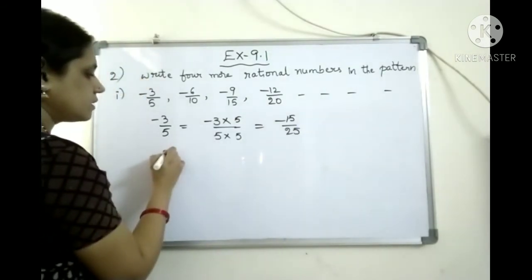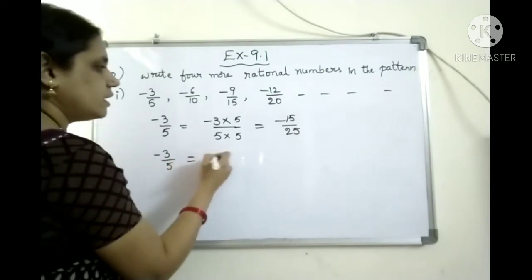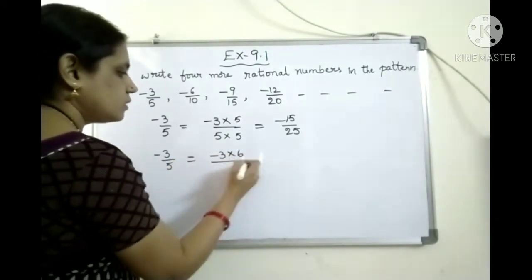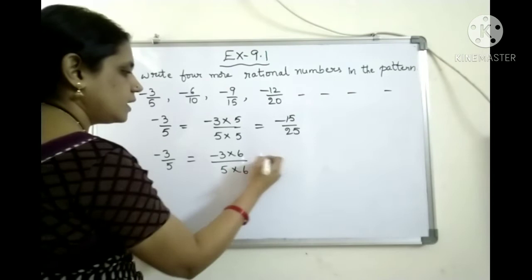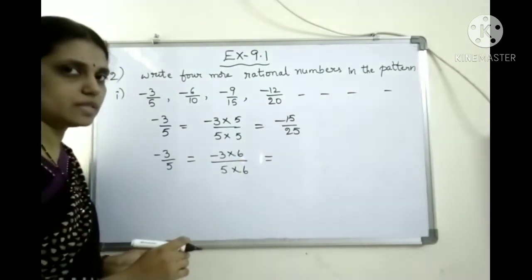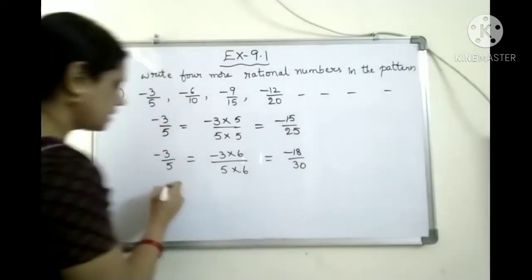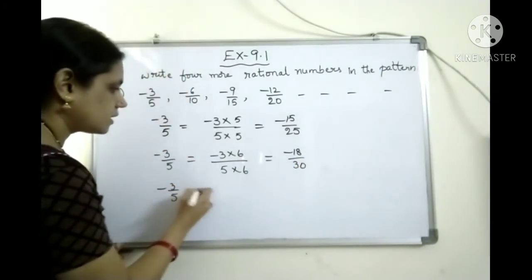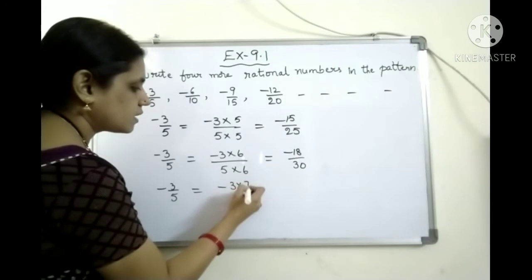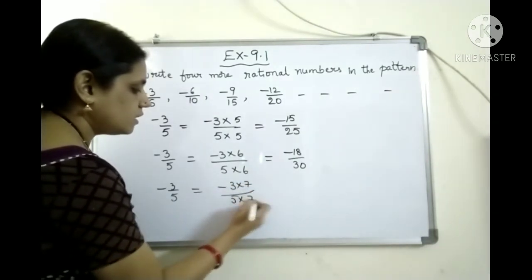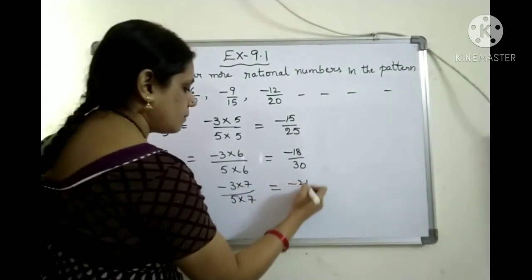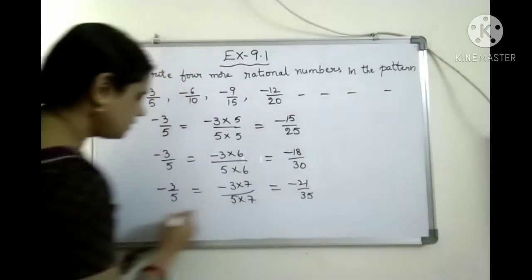Next one. These all are equivalent rational numbers. Okay. So into 6 we have to do. Numerator and denominator both we have to multiply with the same. So minus 18 by 30. Next one, minus 3 into 7 by 5 into 7, minus 21 by 35.